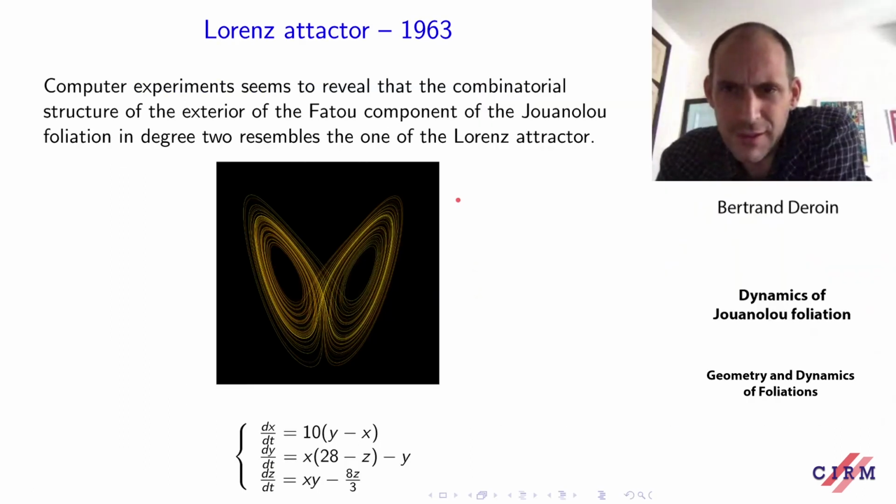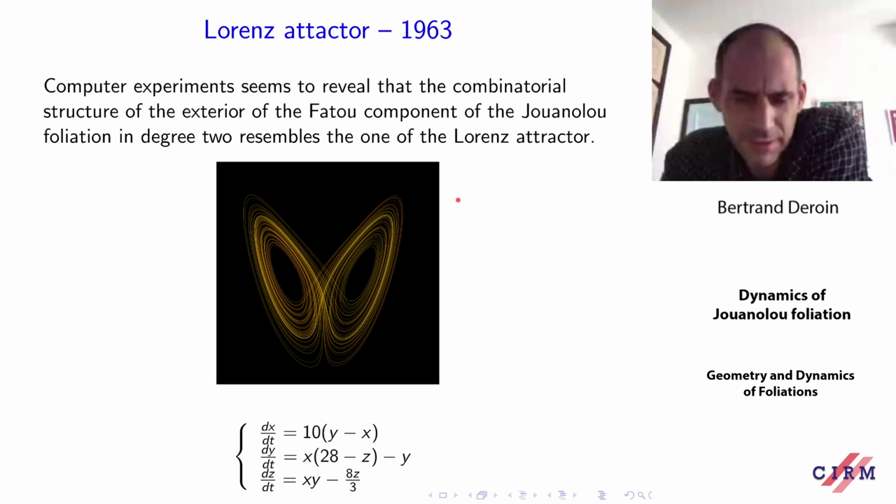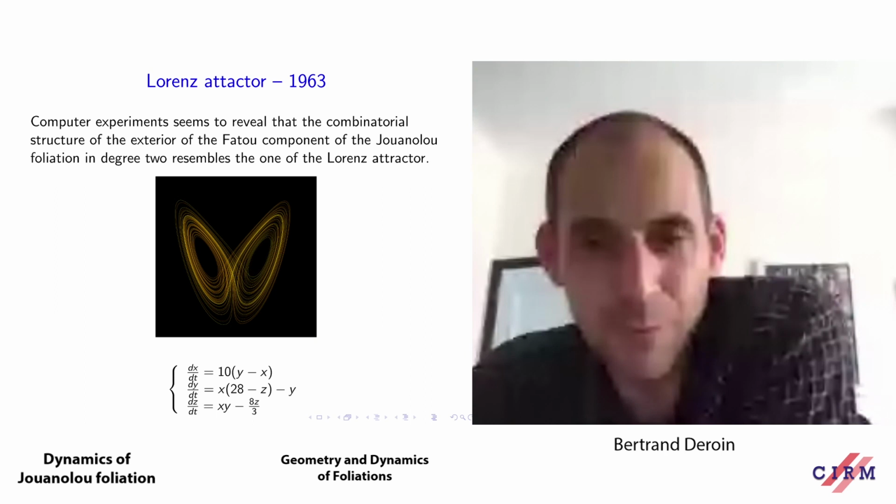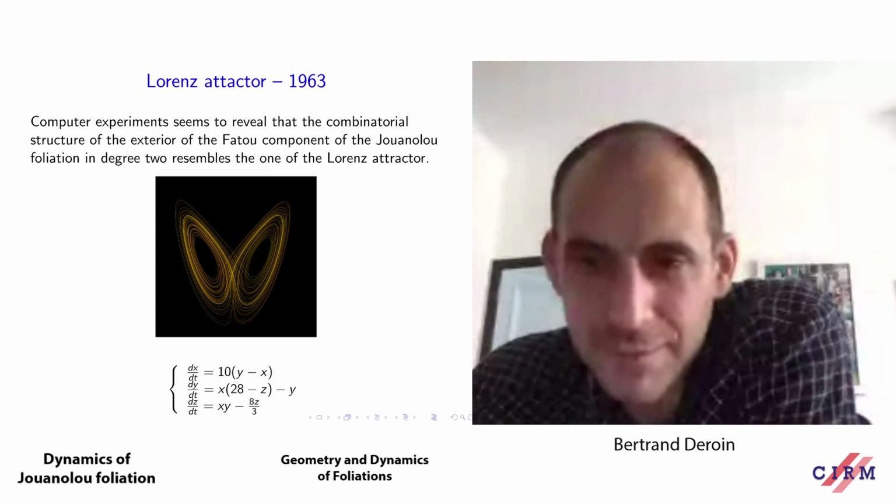If it is true, of course it would prove that this set is a solenoid. But we are working on this problem, and actually now we don't have any proof. This is just to say that it's very plausible that we will have a proof at some moment, and it will prove that the Jouanolou foliation has this kind of almost everywhere integrability property.